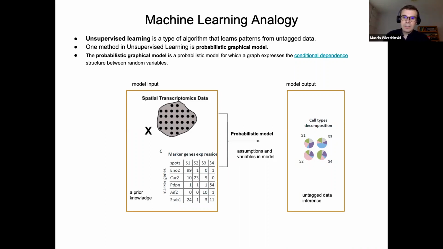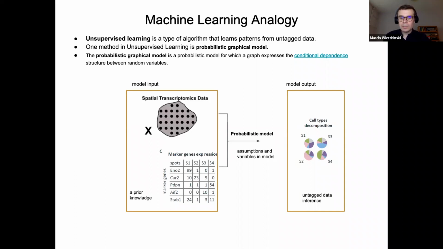It means that we have the information for each gene, what the level of this specific gene is as a number. We have no information about the decomposition, so the output of the model is not given exactly.